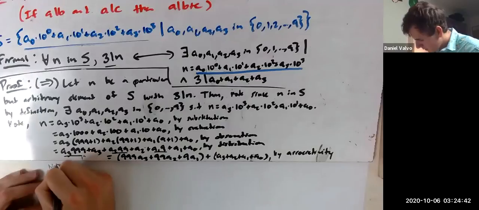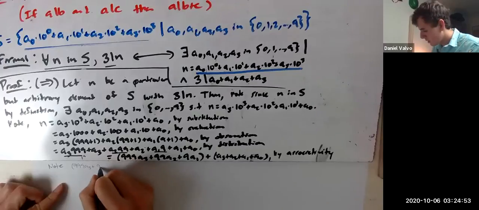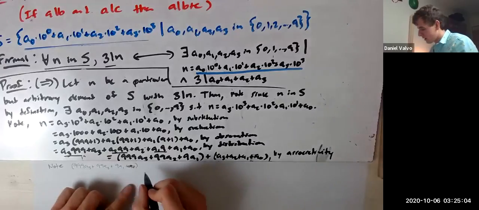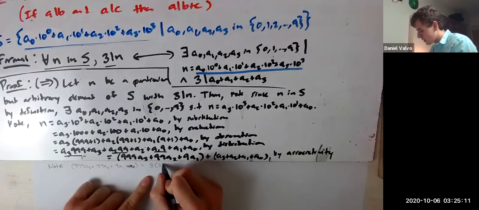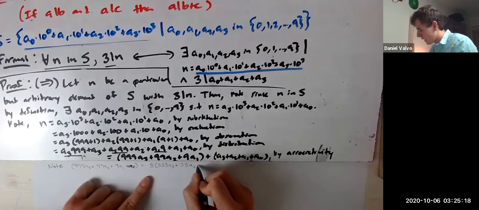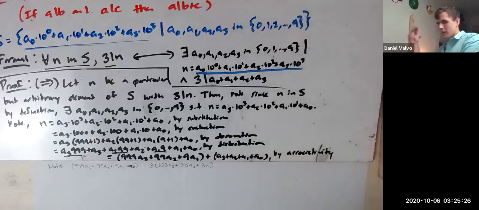Note, 999 A3 plus 99 A2 plus 9 A1. This right here equals 3 times 333 A3 plus 33 A2 plus 3 A1. Right? Just write it out.